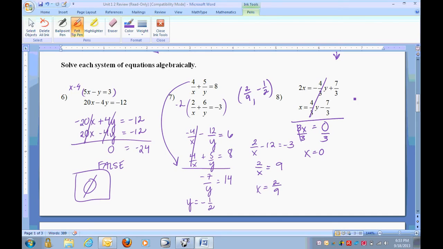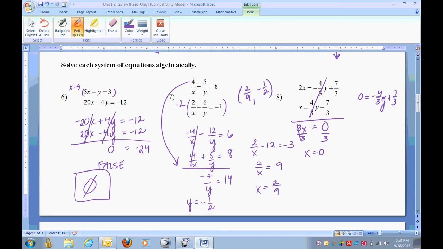So now we just plug it back into one of our equations. So I can plug back into the top equation. 2 times x would be 2 times 0. So it's really 0 equals negative 4 over 3y plus 7/3.